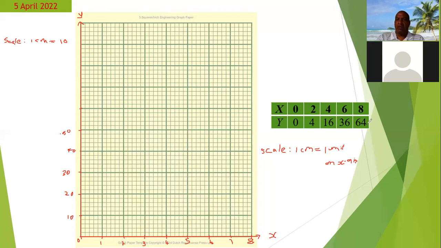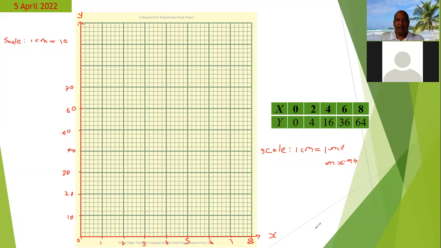Now we're going all the way up to 64, so you may want to go up to 70 on your y-axis. Then 70.